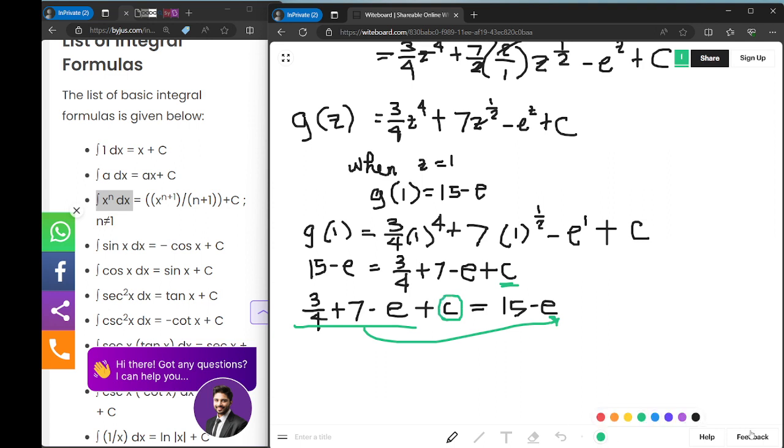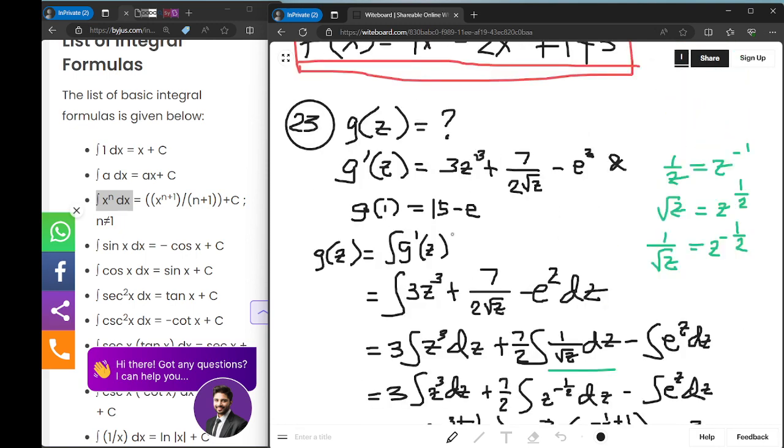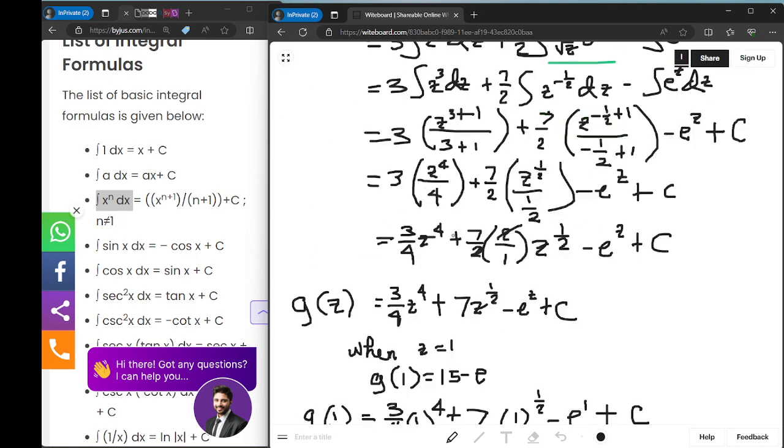So that means our c is equal to 15 minus e, then this will become negative 3/4, then we have here negative 7, then plus e. Right? Okay, let's check.